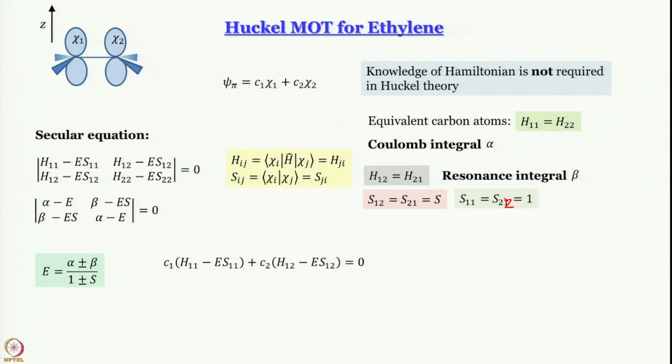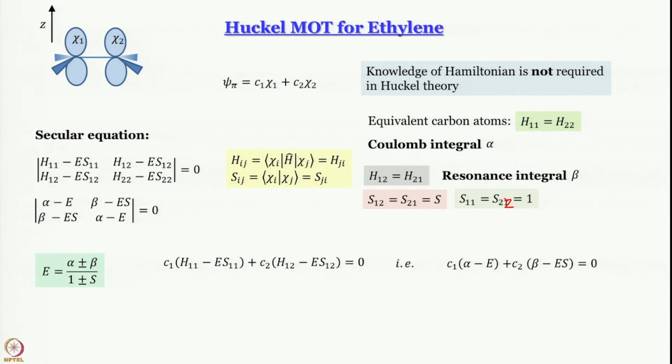To do that let us go back to one of the equations that we got in the first place. C1 multiplied by H11 minus ES11 plus C2 multiplied by H12 minus ES12 is equal to 0. Okay. This is what we have.